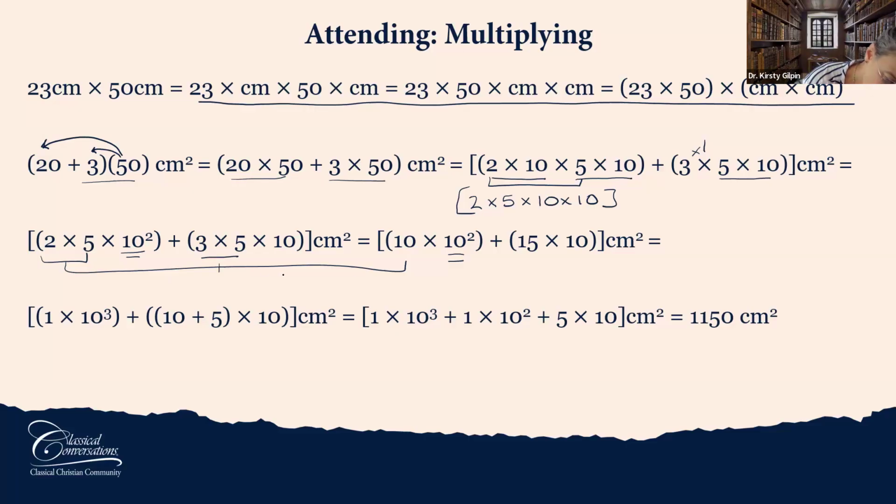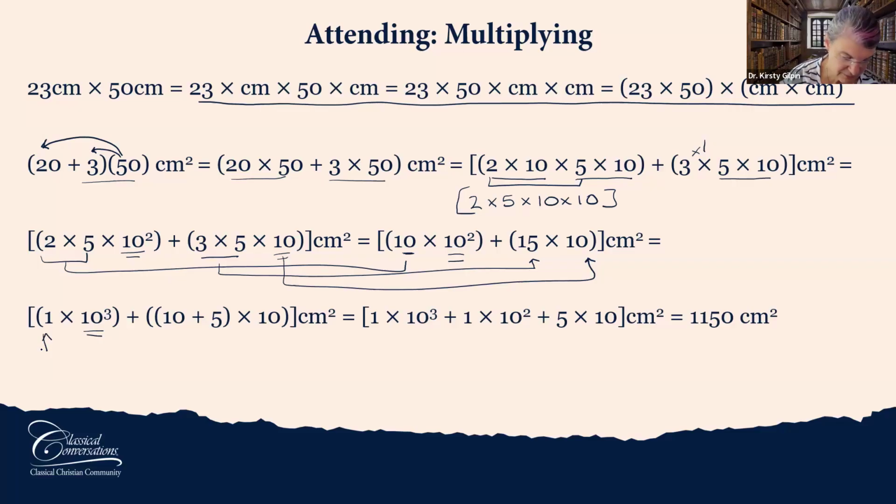So here I've got my 3 times 5, so that becomes my 15, and then my units are the tens. Now, because I have 2 times 5 became 10, I can multiply again and I get 10 cubed, and so I have 1 times 10 cubed.